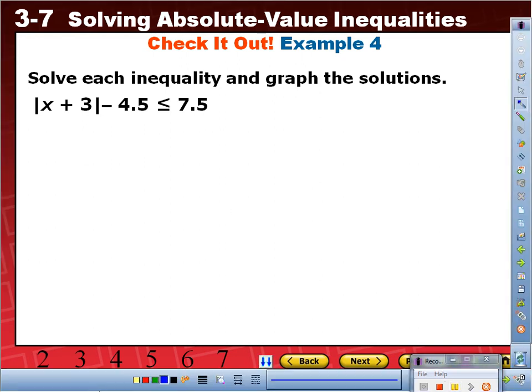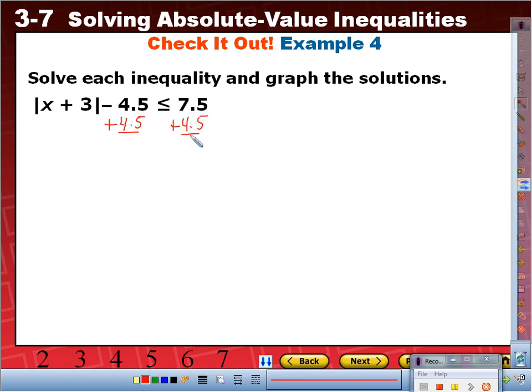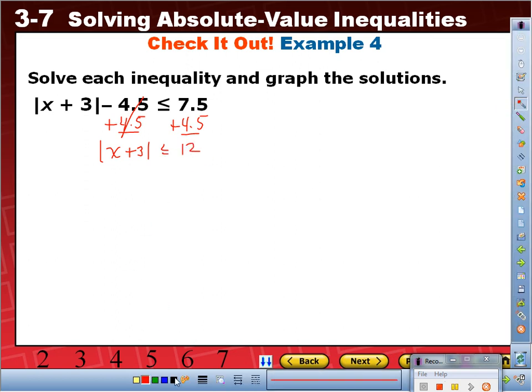Okay, let's see. I saw a lot of you doing this, plus 4.5, plus 4.5. And from there, we're left with absolute value x plus 3 less than or equal to 12. Since there is nothing outside the absolute value and we cannot simplify this, we write our two inequalities.